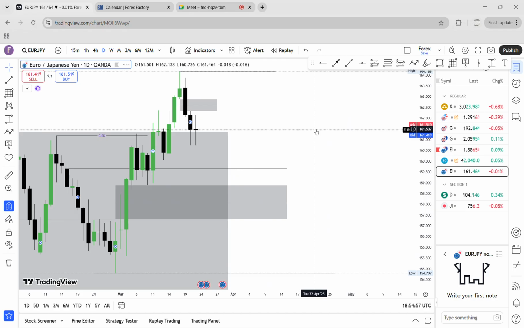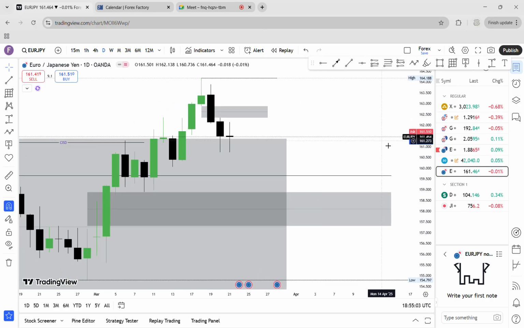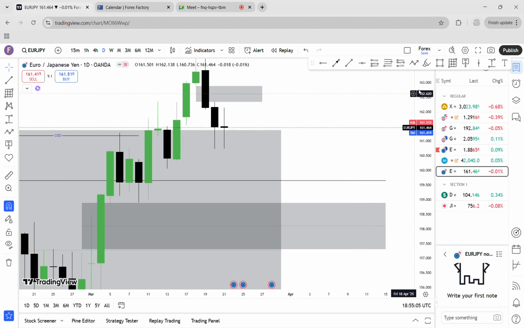So now, remember what price can do right now. It could just continue going down, right? Do you know why? Because after a consolidation, we have expansion.